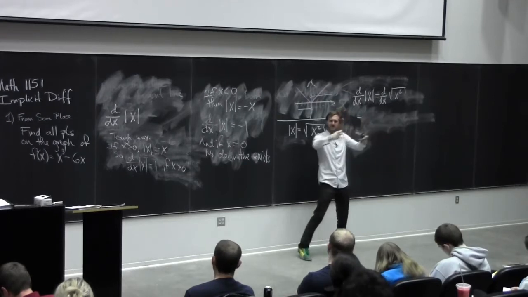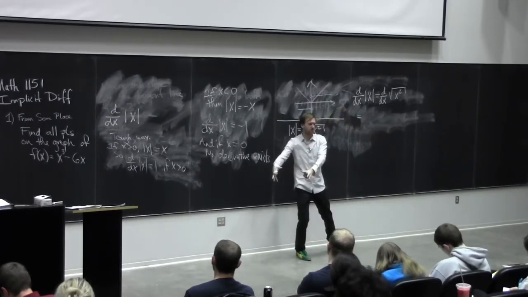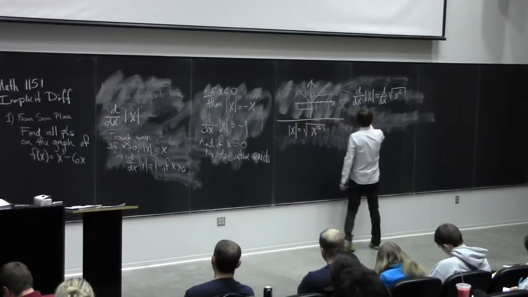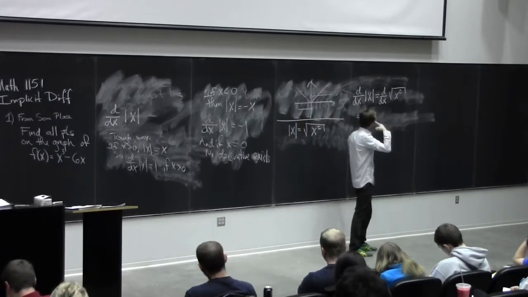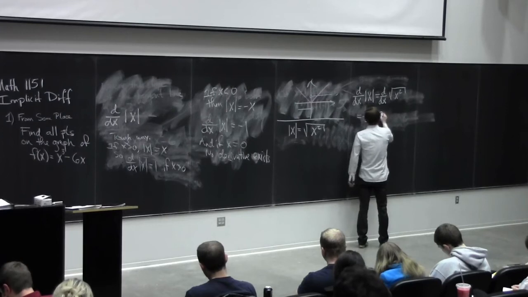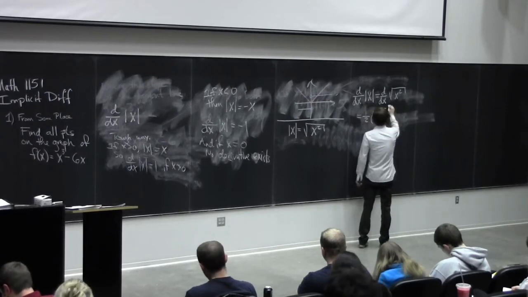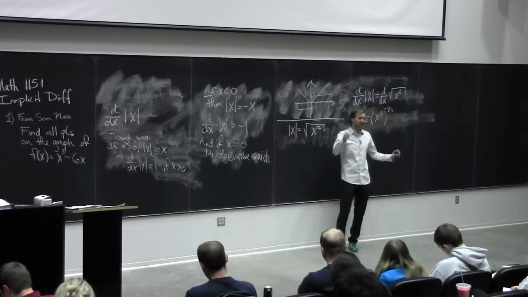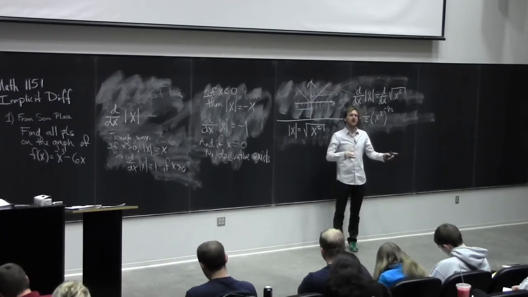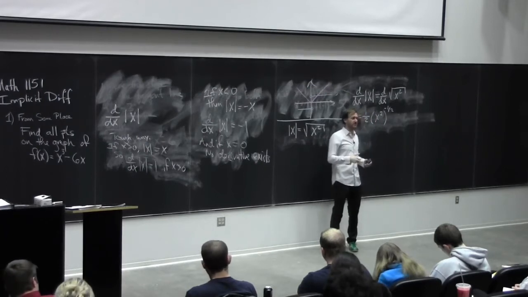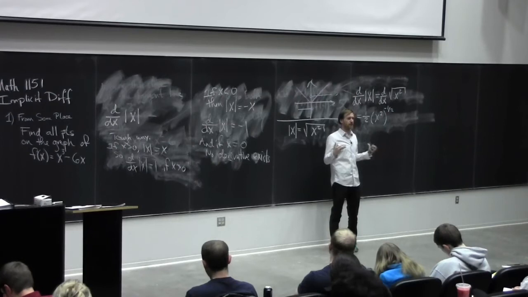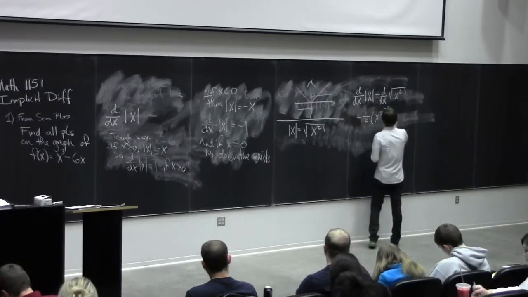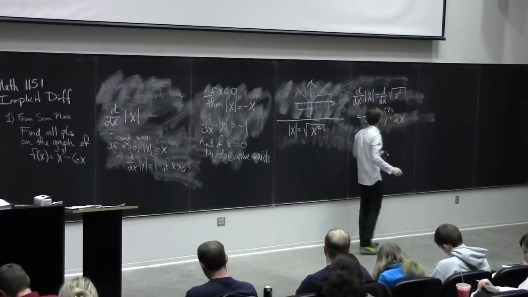So the 1/2 comes down out in front. So it's going to be 1/2 times the inside to the minus 1/2, because I subtracted 1 from the exponent, times the derivative of the inside. This is the chain rule, right? We did this last time. Times 2x. Done.